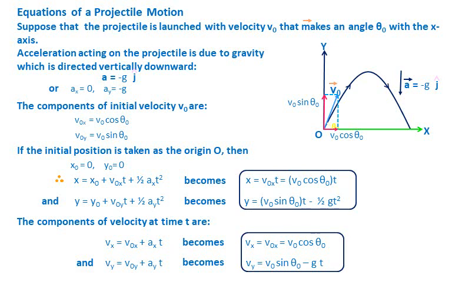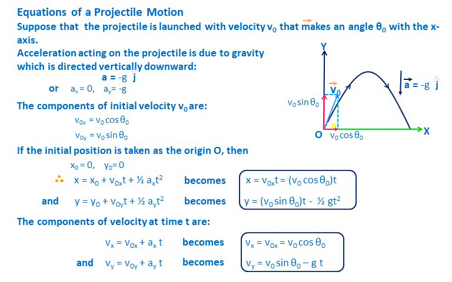For that, consider a projectile which is launched with velocity v0 and that makes an angle theta naught with the x-axis. The velocity v0 has two components: the horizontal component v0 cos theta, which remains constant throughout the motion, and the vertical component v0 sin theta, which changes with time under the effect of gravity.